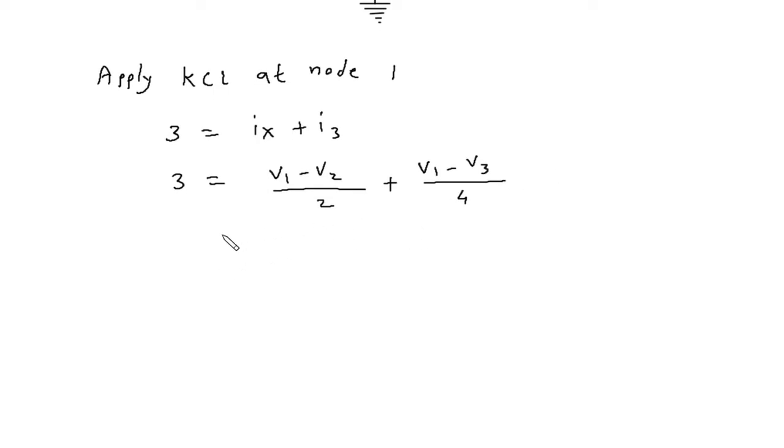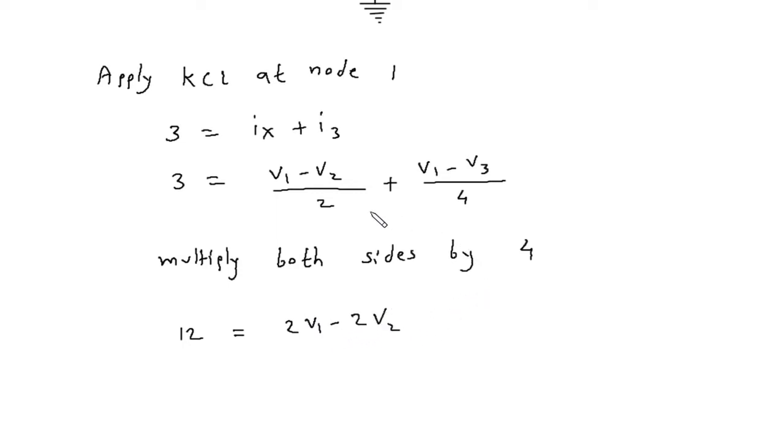Then we will multiply both sides by 4. So this will be 12 is equal to 2V1 minus 2V2 plus V1 minus V3.